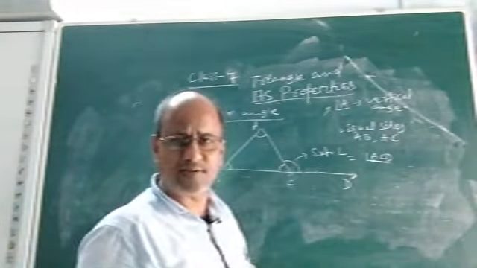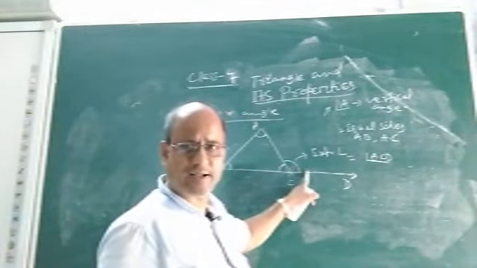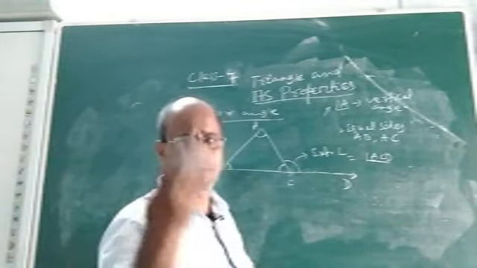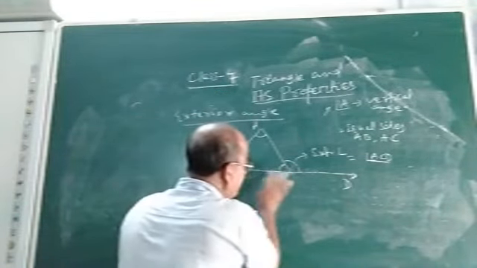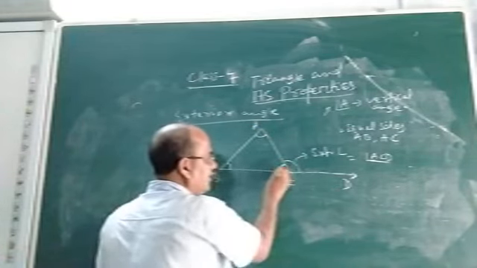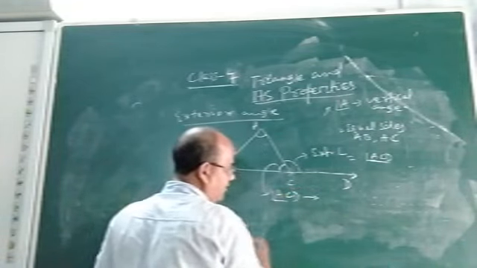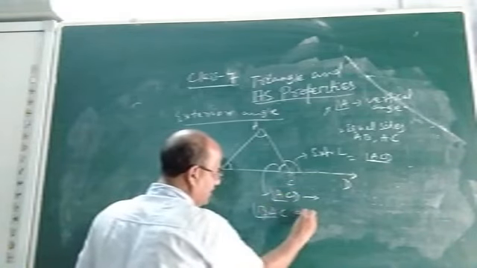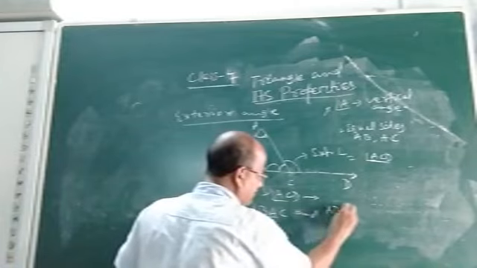Now see children, before we had produced the side BC, there were how many interior angles? 3, namely angle A, angle B and angle C. Now when we extended BC up to D, what will be the name of angle ACD, angle BAC and angle ABC?